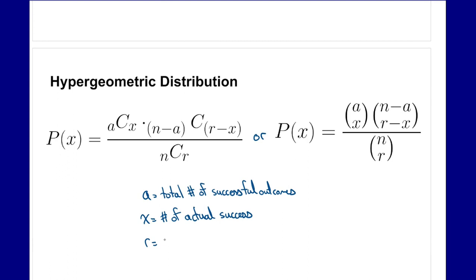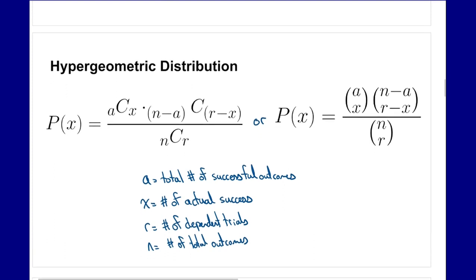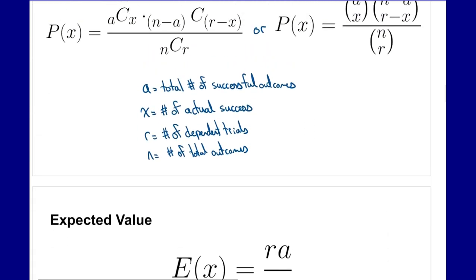R refers to the number of dependent trials. And N refers to the number of total outcomes. So we've done this before. We're going to go through and look at how to basically use that.